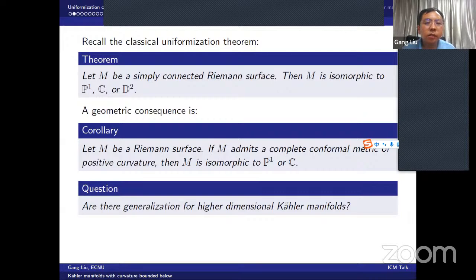A geometric consequence is the following corollary. So let M be a Riemann surface. If M admits a complete conformal metric of positive curvature, then it is isomorphic to P1 or C. The natural question is, are there generalizations for higher-dimensional Kähler manifolds?